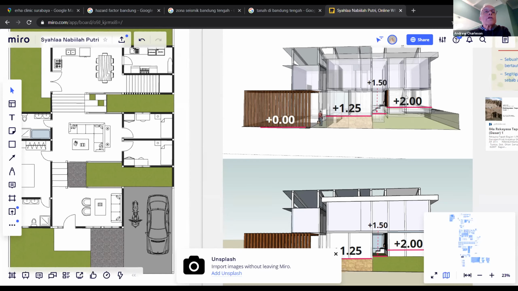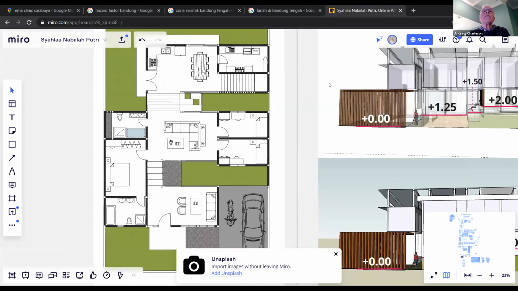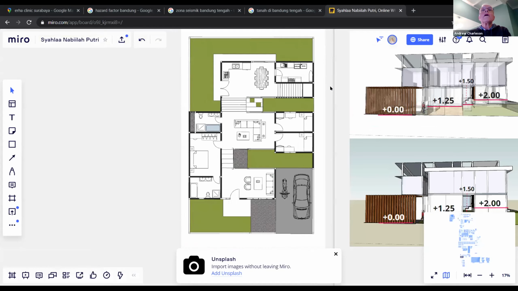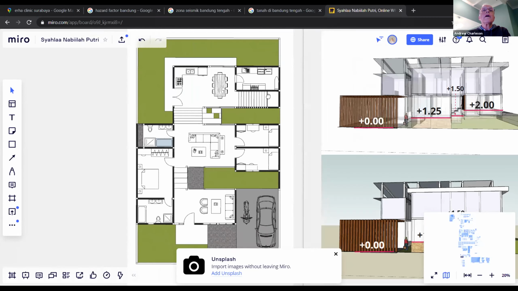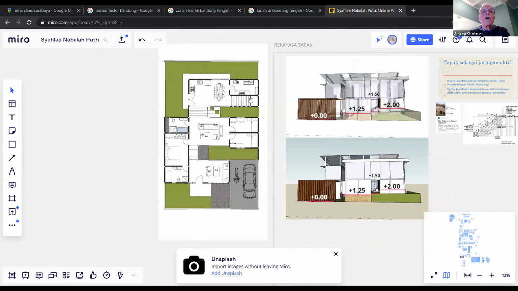So this wall here, can you show me your floor plan? You can use the annotation perhaps. Oh, yeah, sorry. Let me see if I can annotate it. I will draw.